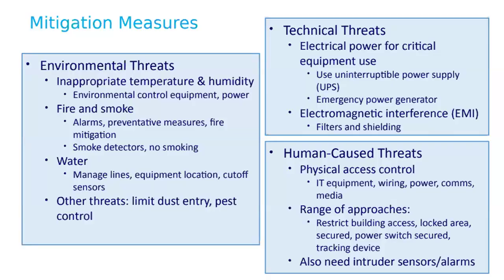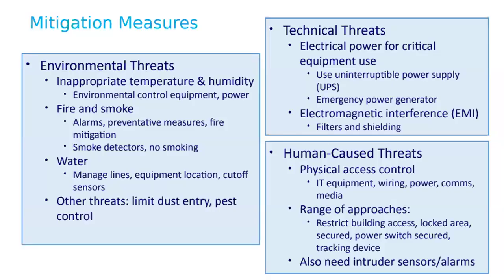Importantly here, the environmental protection includes temperature and humidity control, fire detection and mitigation, water protection, and dust and pest control. The technical protection relies on UPS systems, emergency generators, and EMI filters and shielding.